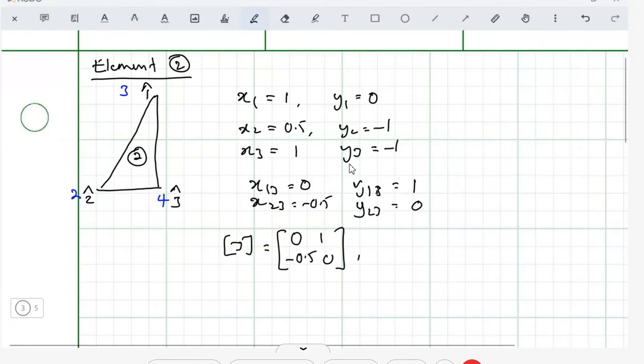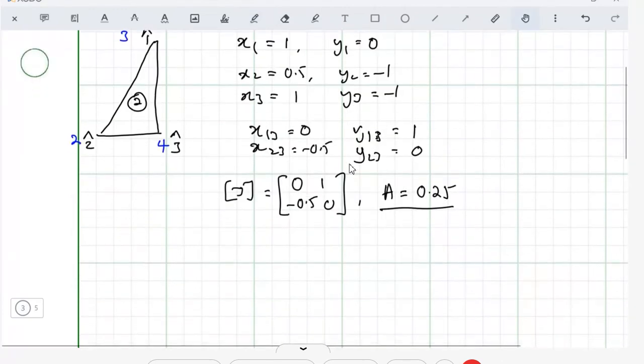And of course the determinant of J is just minus half times minus 1, which is half, so A is half of the determinant of J, which is 0.25. And again, the formula for the stiffness matrix is the same.